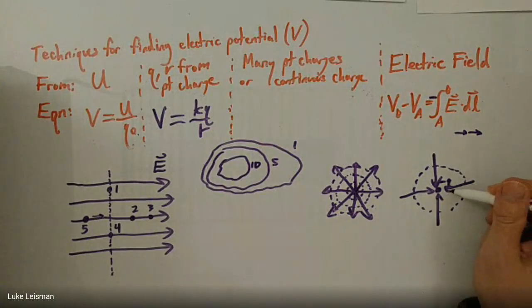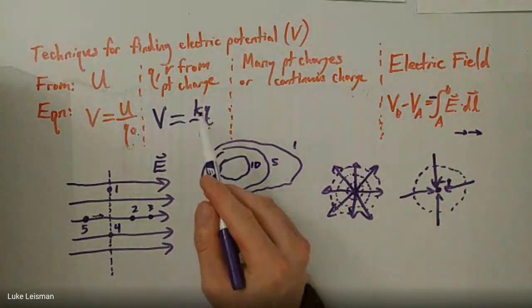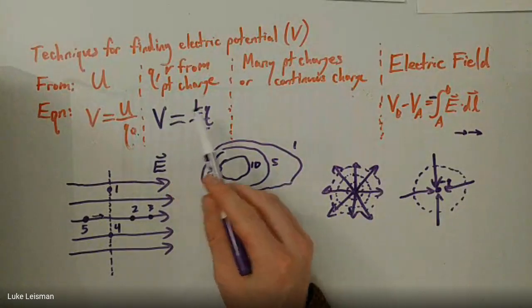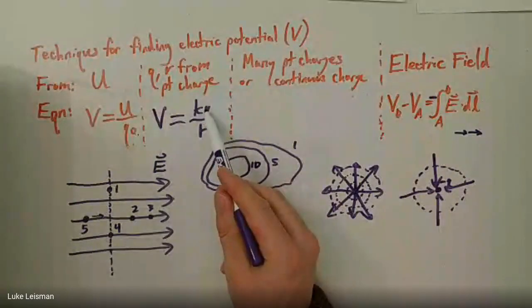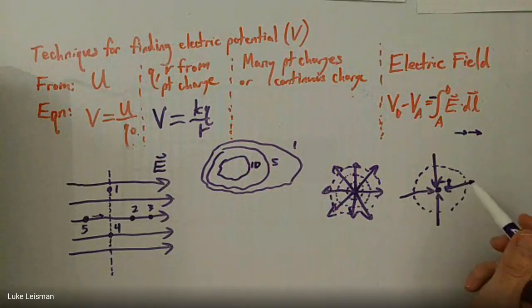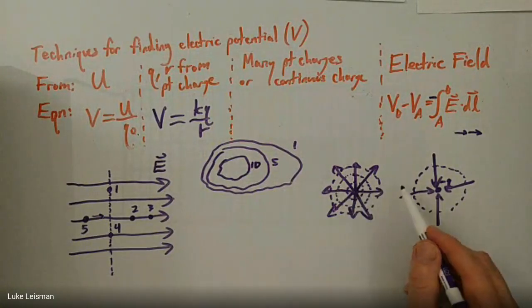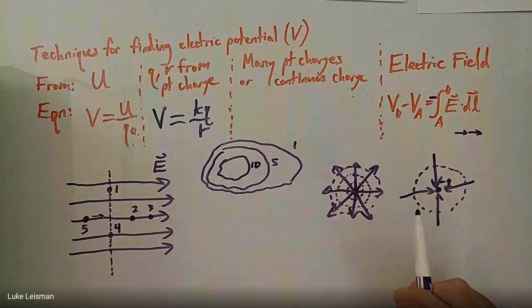You'd be walking down into a valley. So negative charges give you negative potential. And that makes some sense with our formula, right? If we put in a negative Q, we'll get out a negative V. If we put in a positive Q, we'll get out a positive V. So negative charges create valleys, while positive charges create hills, is a way of visualizing potential.